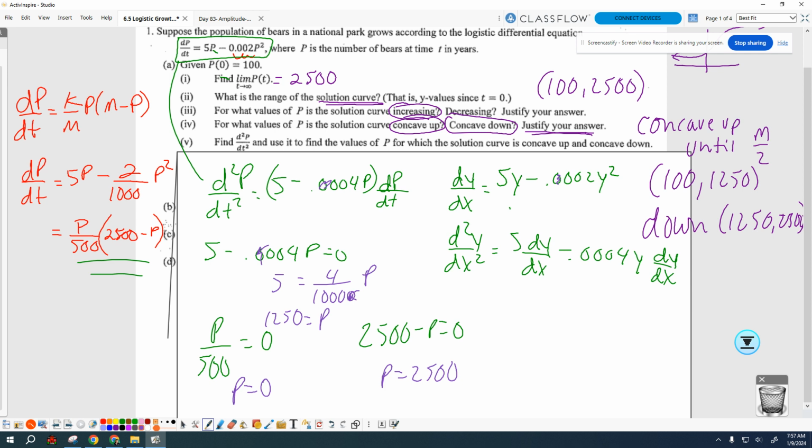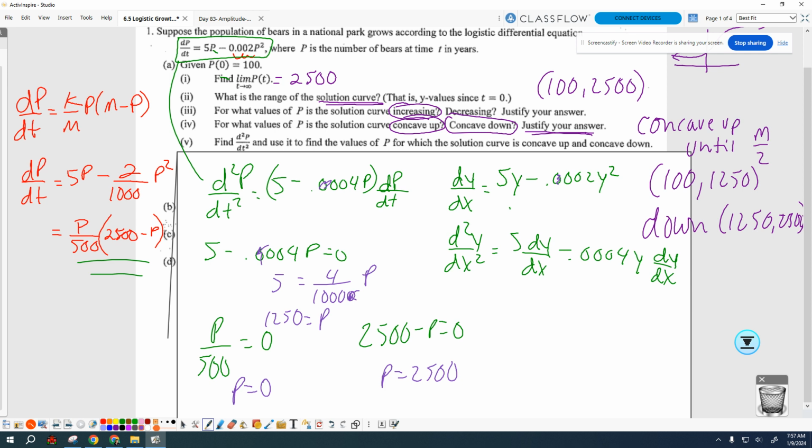So where is it concave up? Whatever population we started with, it's still the 1250, and where's it concave down? 1250 to 2500. No, actually. So I said this yesterday, if you know where the population is growing fastest, half max carrying capacity, you can just say that.